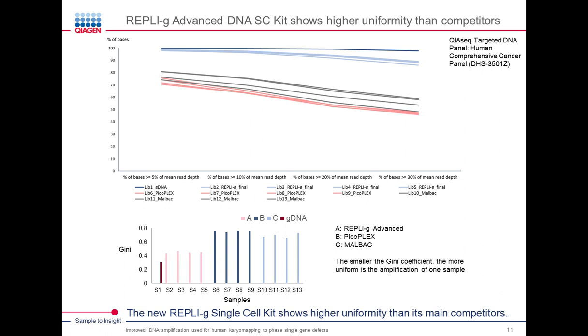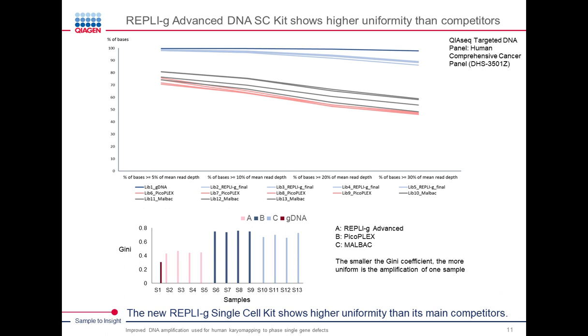We also compared the multiple displacement amplification technique versus other techniques such as PicoPLEX and MALBAC. Here we're looking at the percent uniformity across 5%, 10%, 20%, and 30% of the mean read depth. And we can see here that in the dark blue is the genomic DNA control.